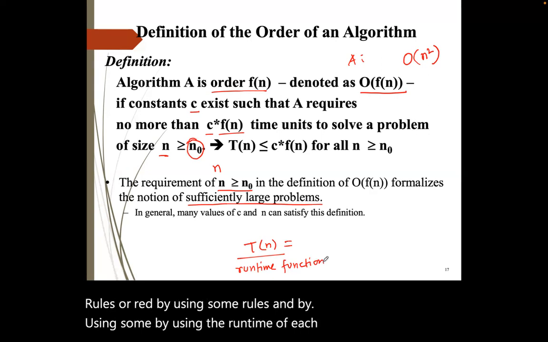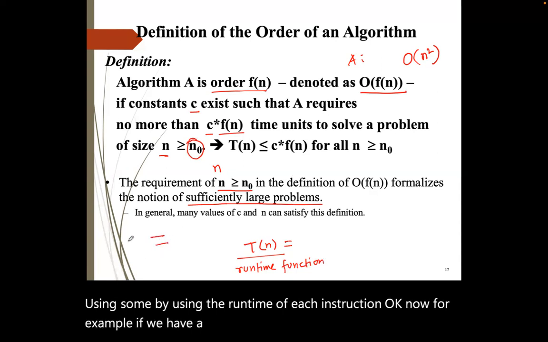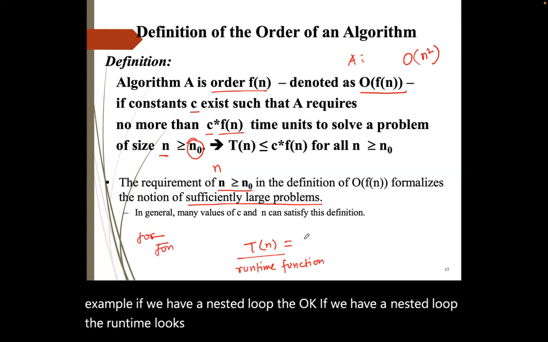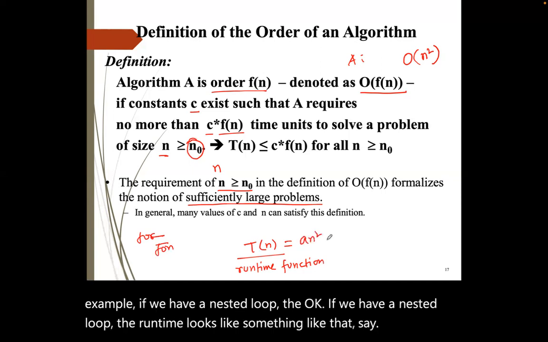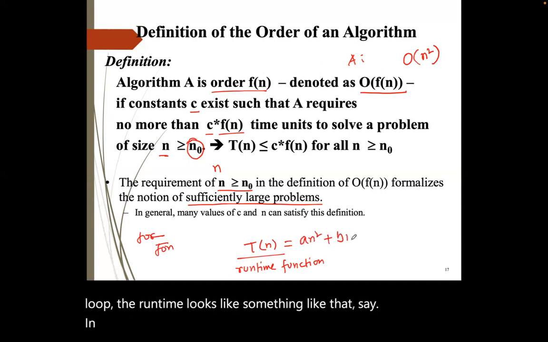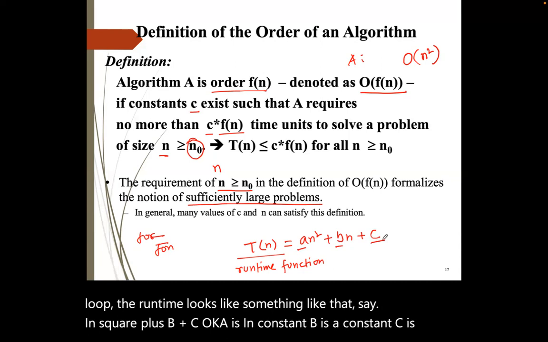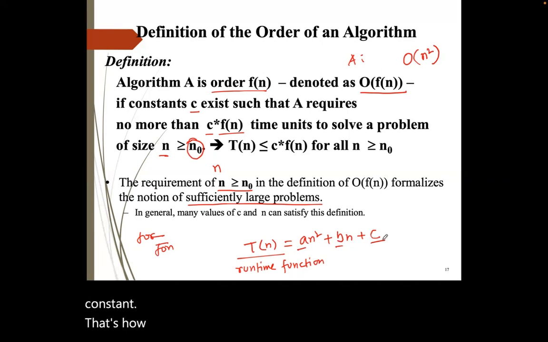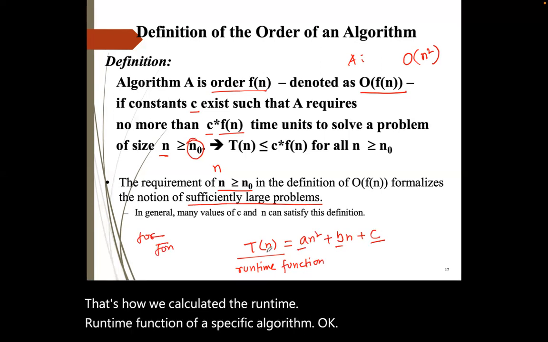For example, if we have a nested loop, the runtime looks like something like a n square plus b n plus c, where a, b, and c are constants. That's how we calculated the runtime function of a specific algorithm.